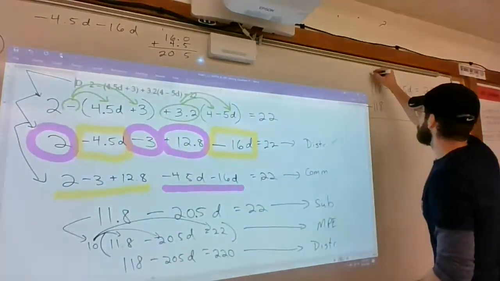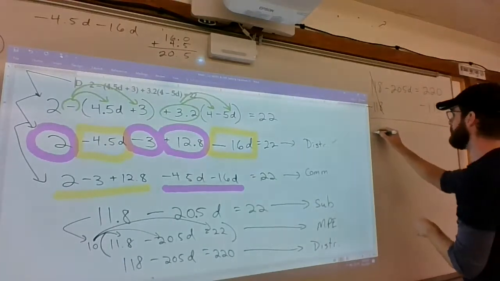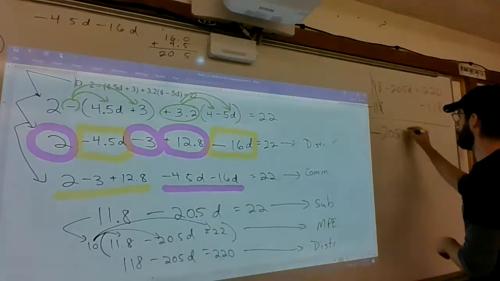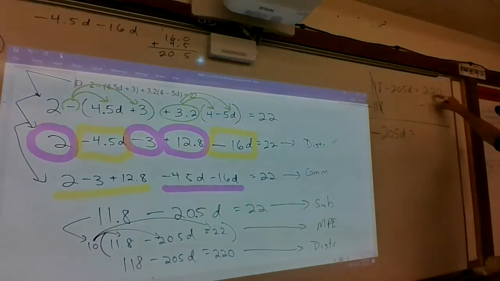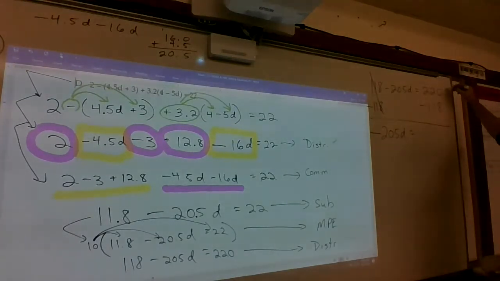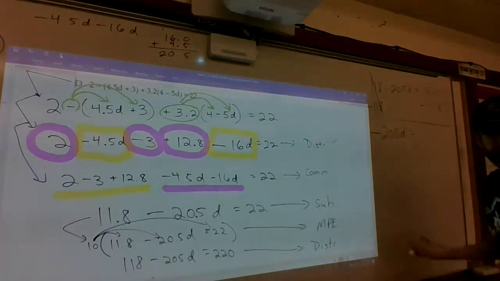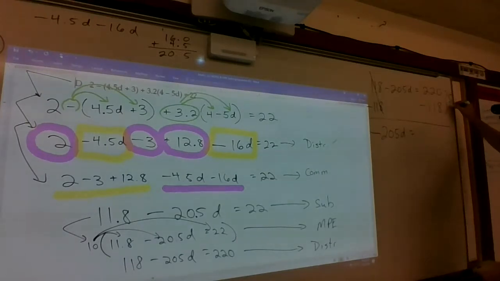So this is now 0 minus 205d, and then take 220 minus 118. Sorry, you can't see it very well, but this is the subtraction property of equality. 220 minus 118. Well, I can't take 0 minus 8, so I got to borrow from the 2 to get 10 here. So 2, 1 minus 1 is 0. Don't have to borrow, so it's 102.